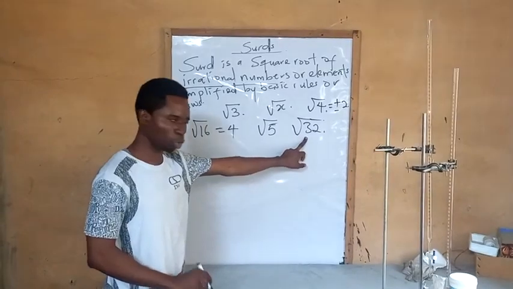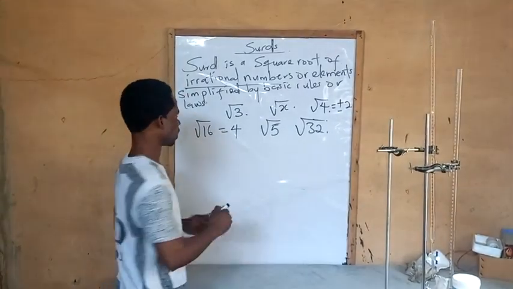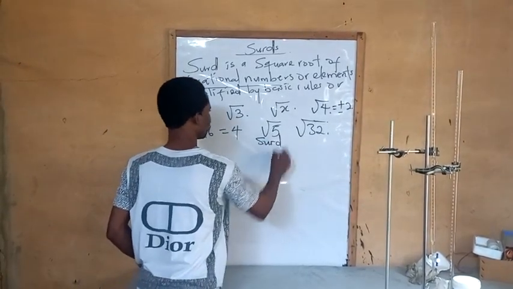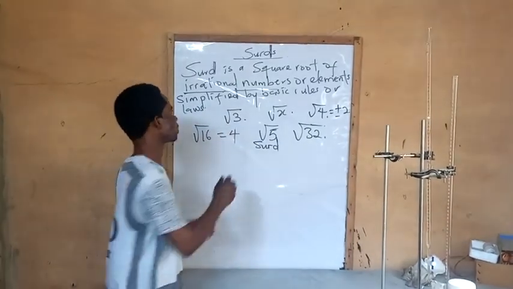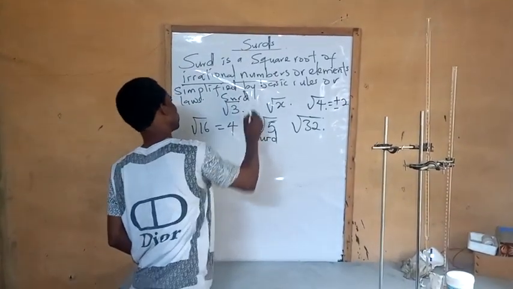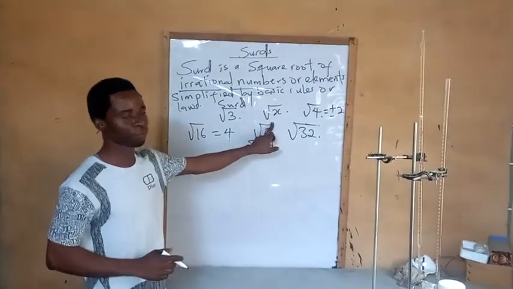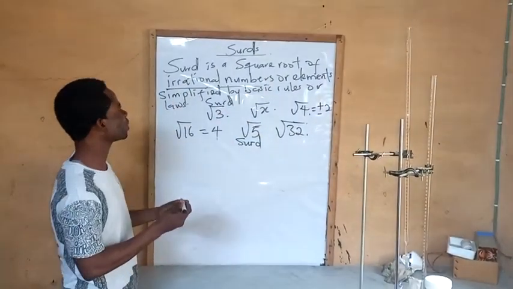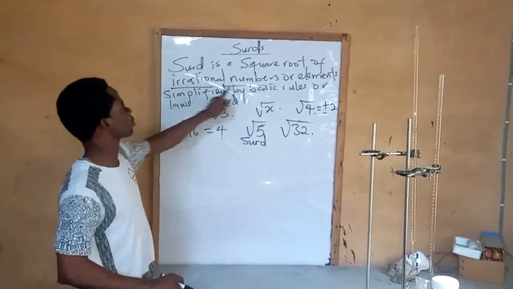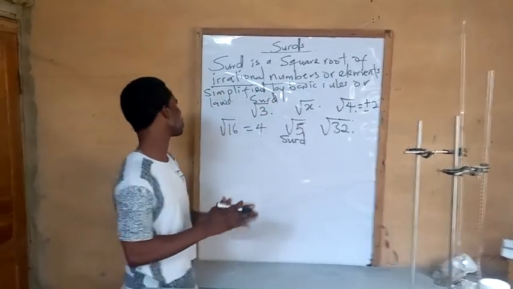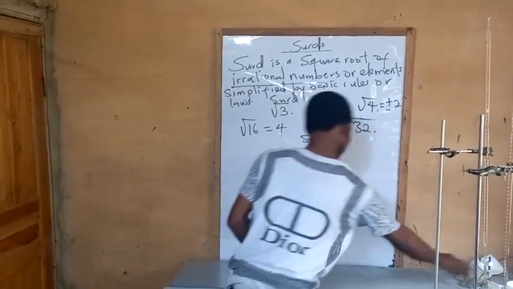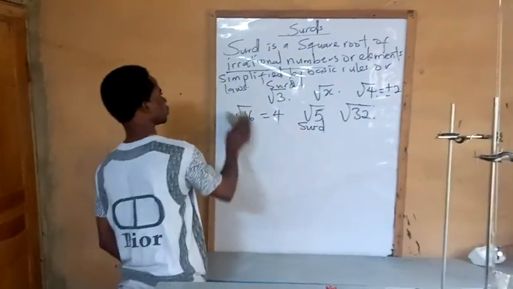This one is a surd because you cannot split it down. This is a surd in form of elements. That's why I say a surd is a square root of irrational numbers or elements simplified by basic rules or laws. Okay, that is what you have to know.